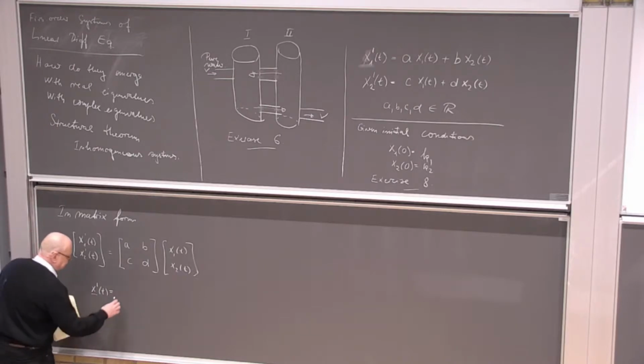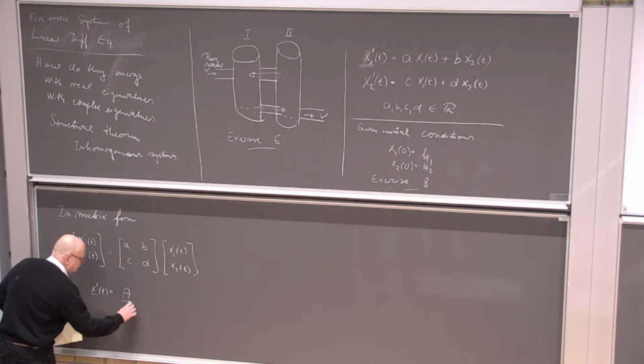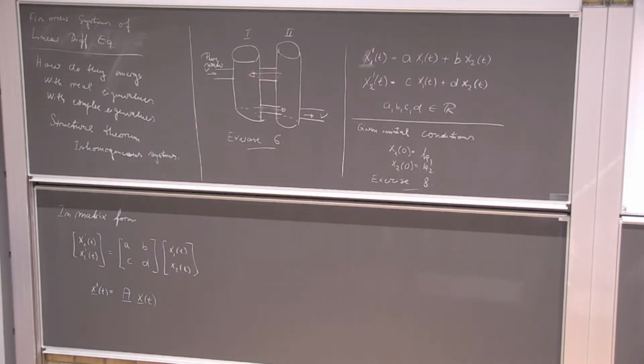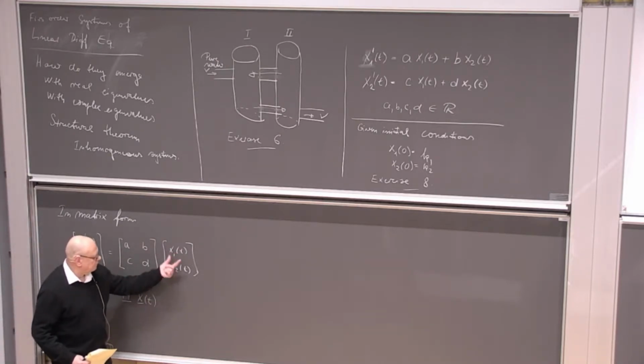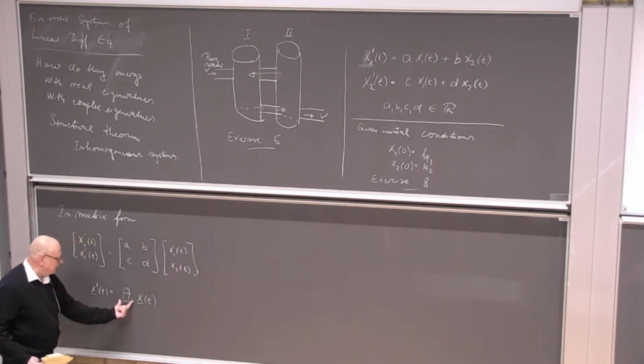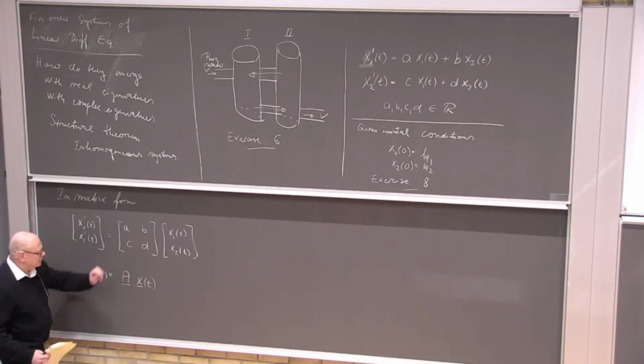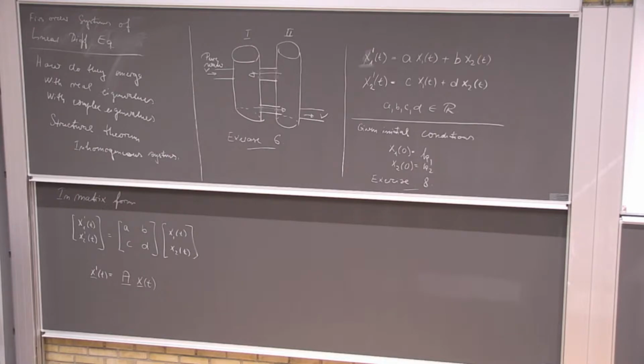And then this is again the column vector x1, x2, and then you have this matrix, which is A, B, C, D. And it is this matrix that is called the system matrix.